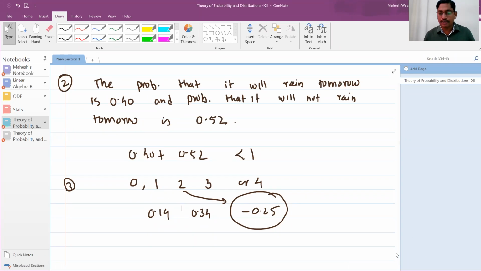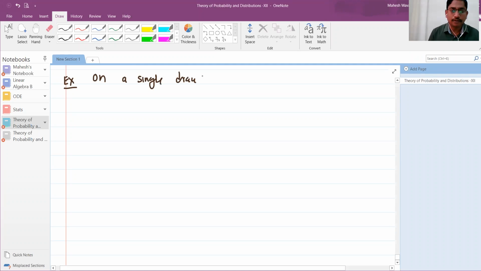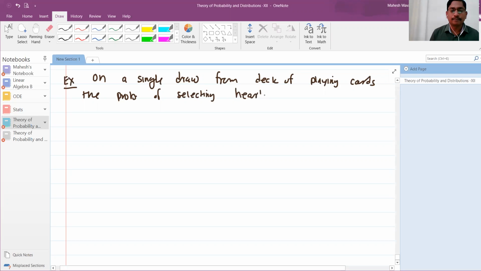Okay, next example I will write. On a single draw from a deck of playing cards, the probability of selecting a heart is 1 by 4.